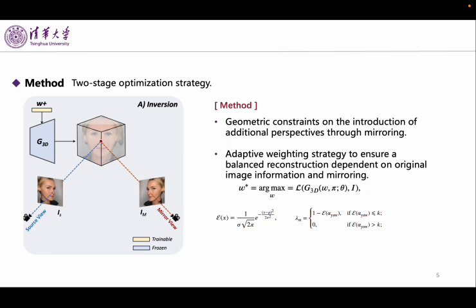However, the human face is not a perfectly symmetric object, and therefore we should incorporate more information from the source view instead of from the mirror view. We design an adaptive weighting strategy to ensure a balanced reconstruction dependent on the original image information and the mirroring.